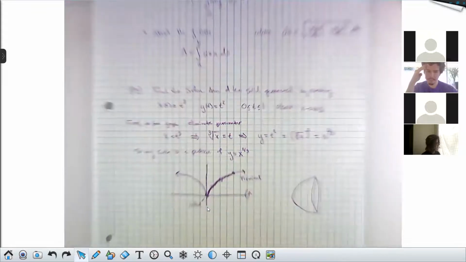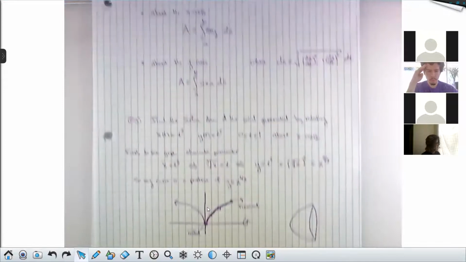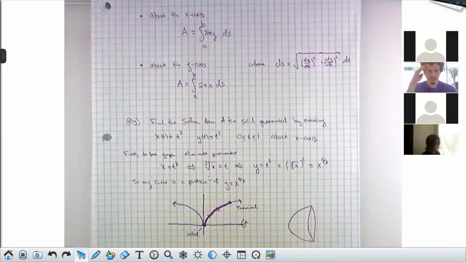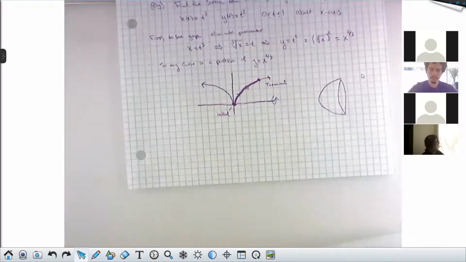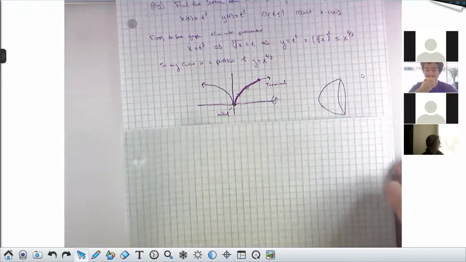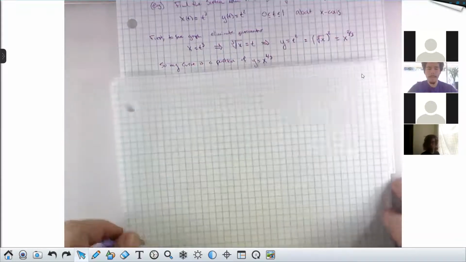Okay. So our formula for the surface area of the solid is the integral from a to b of 2 pi y ds, where ds is the little differential arc length form. So that's what we need to compute. I'm going to cover the picture. We're satisfied that we know what's going on now.